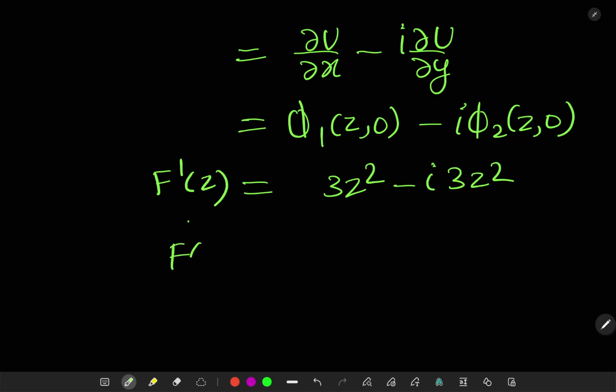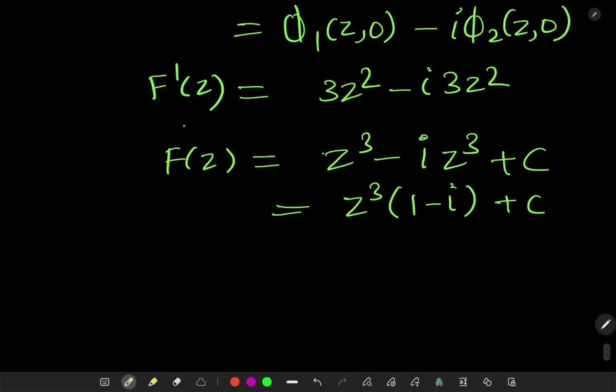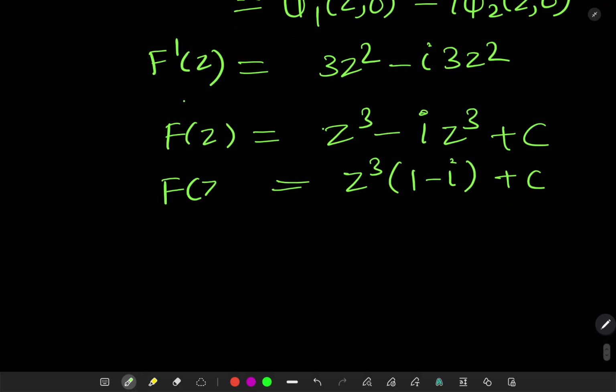Now integrate, so we get capital F z, which equals z cube minus iota z cube, plus c constant, and we can take z cube common, and this value comes. Now this is the value of capital F z.